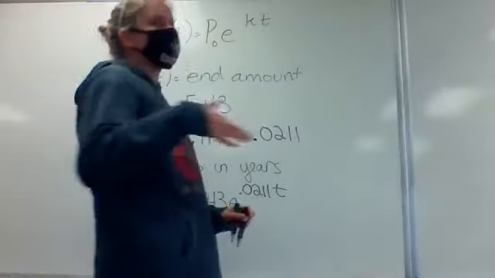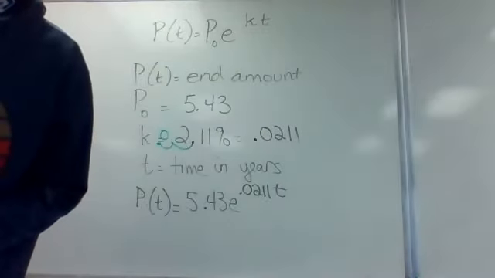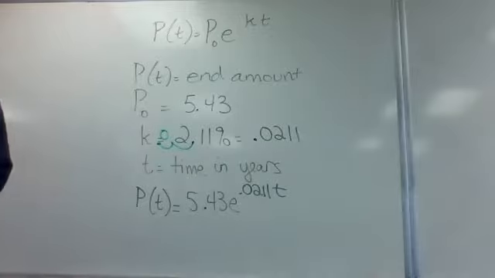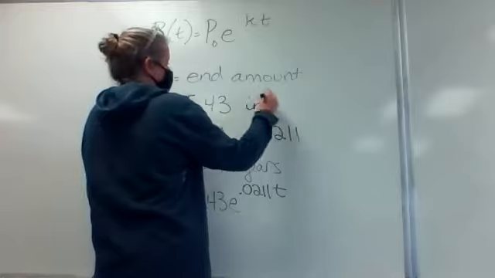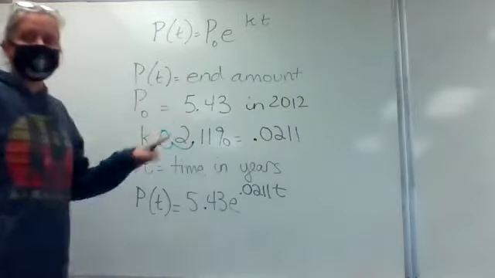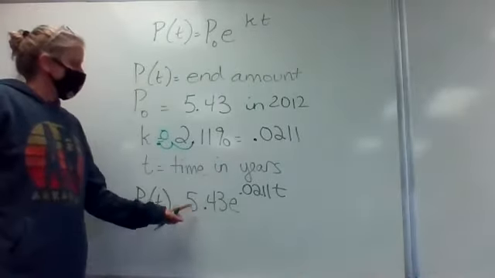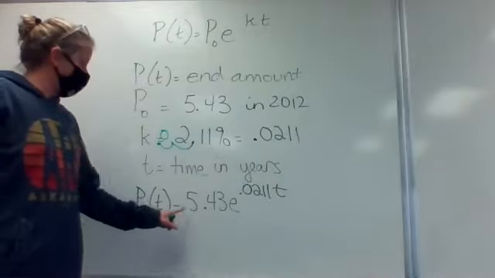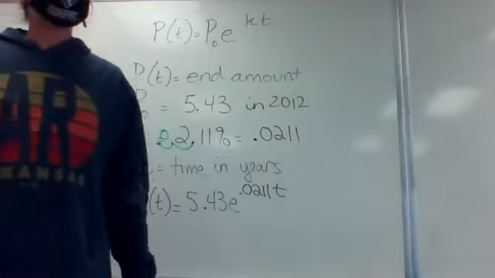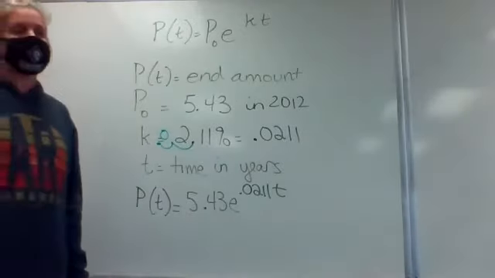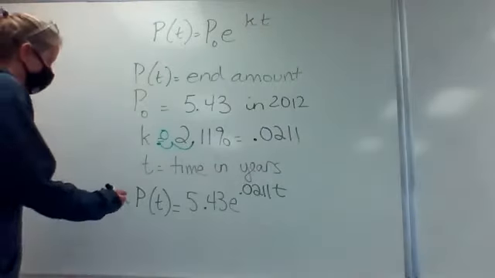So now on this next part, it's asking us, what is the population of the city in 2018? So this was in 2012, which means I can fill in for the T now, because if I'm talking about 2018, how many years has it been since the population in this picture started? 6 years, from 2012 to 2018.